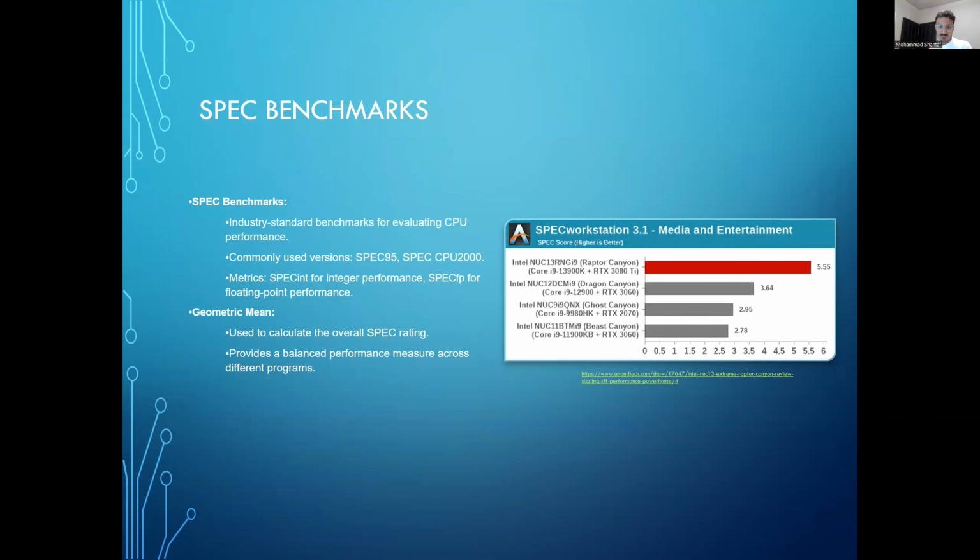They go through a SPEC benchmark to evaluate which is the best. The geometric mean is used to calculate the overall SPEC rating. It provides a balanced performance measure across different programs.